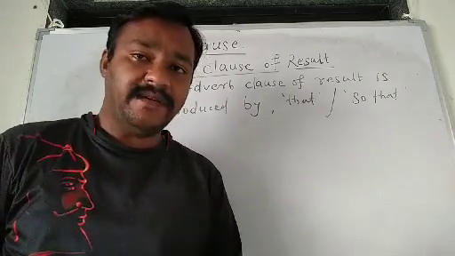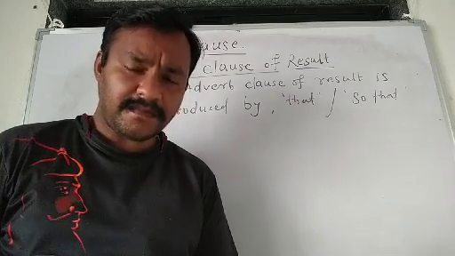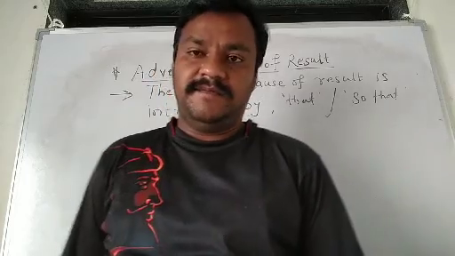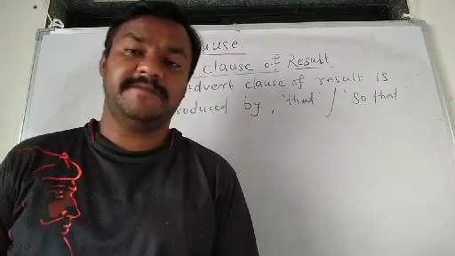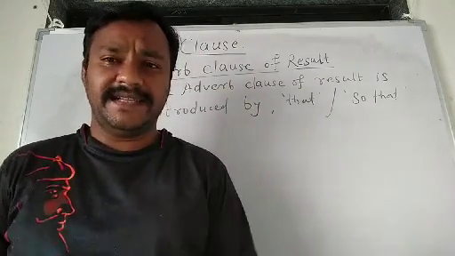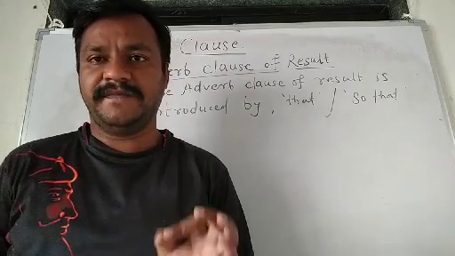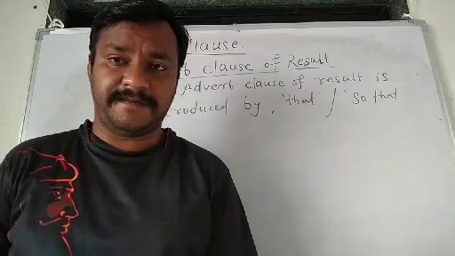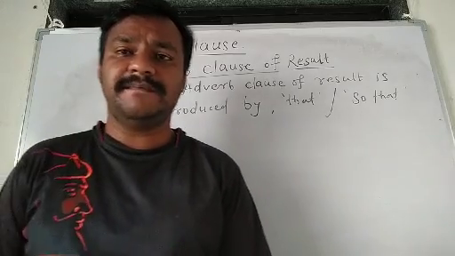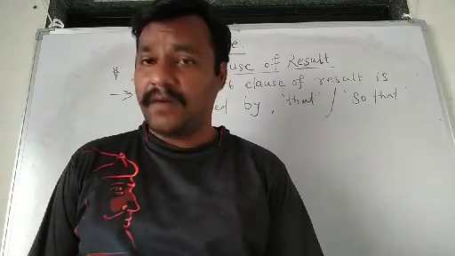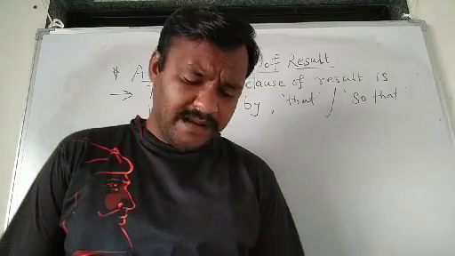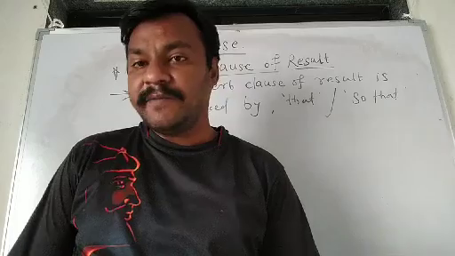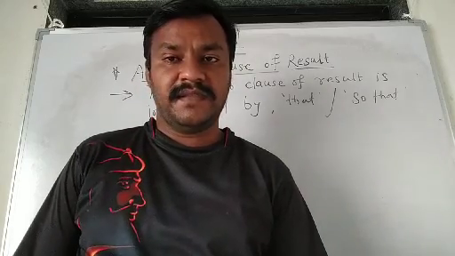As I have been telling you again and again, there are 9 types of adverb clauses. Each type of adverb clause will give us more information about the action which is mentioned in the main clause. Now here in adverb clause of result, there may be any kind of result of that action.